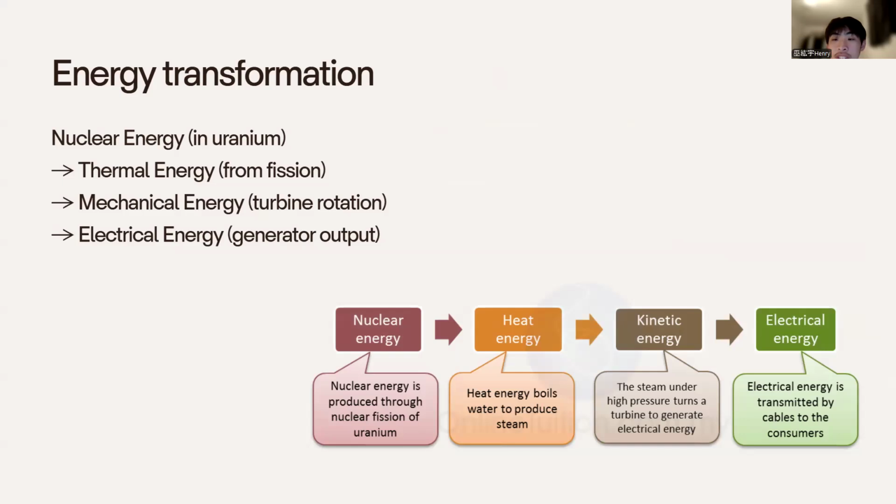So here's the energy transformation. It starts as nuclear energy inside uranium, and then the fission, just as we mentioned, converts that to thermal energy, and then the steam's movement becomes mechanical energy, because the steam pushes the turbines, and finally the spinning turbines produce electrical energy through generators.